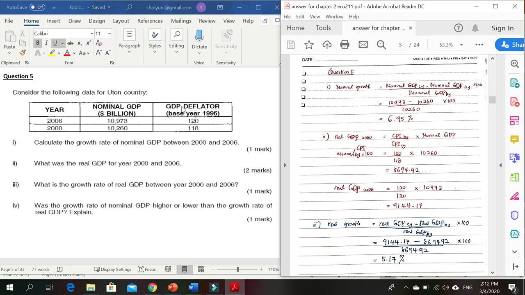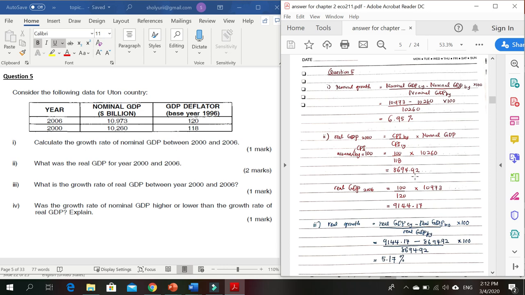Okay, so GDP deflator ni adalah CPI current year. This is 120 ni adalah untuk 2006, 118 adalah untuk 2000. Okay, so here apa yang you buat adalah cari untuk 2000 dulu, untuk 2000: 100 over 118 times 10260.